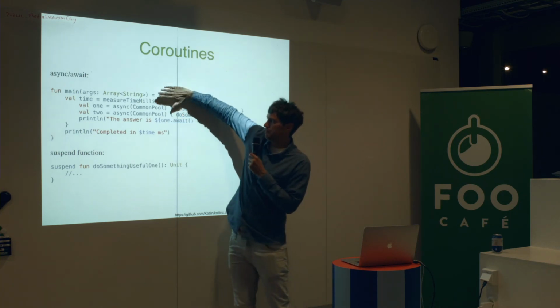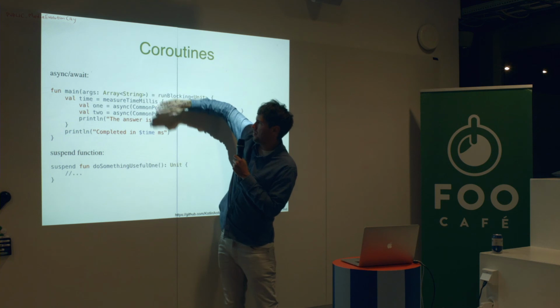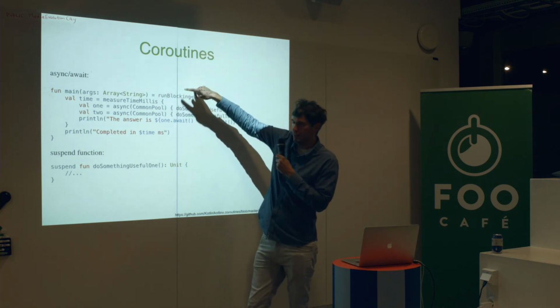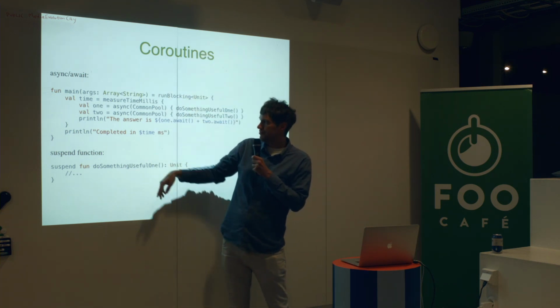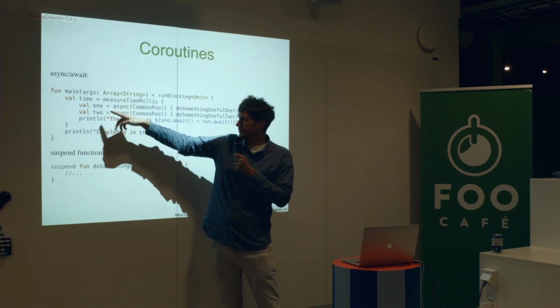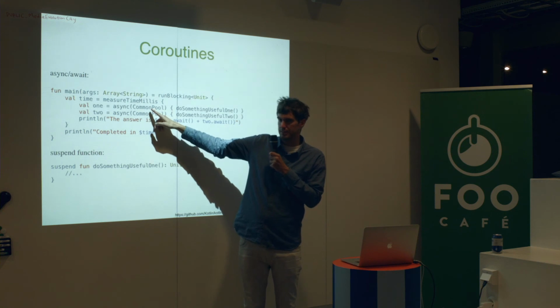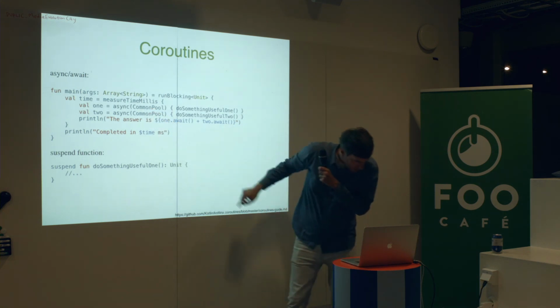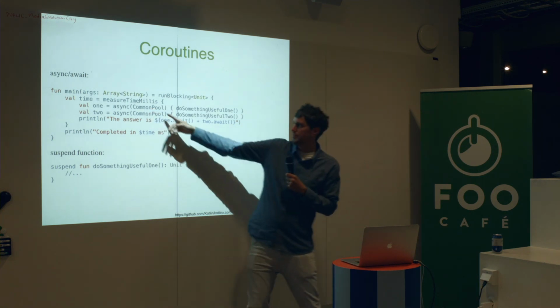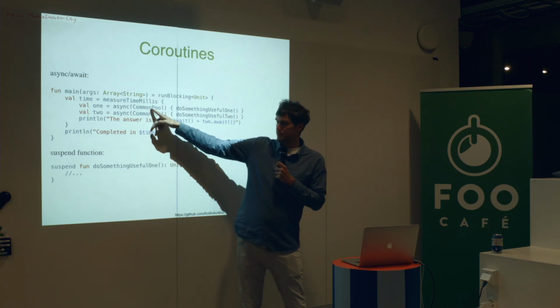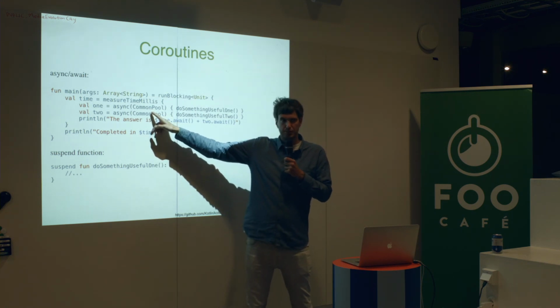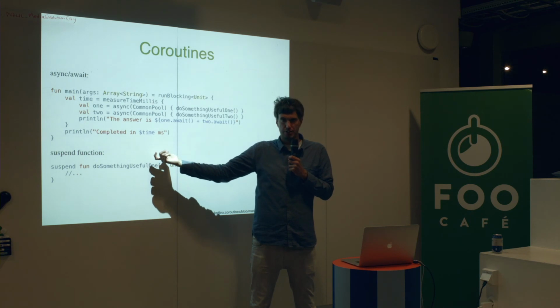So usually in the examples that you will see, they have kind of a bit of this blocking thing here. And now we used async await library. To the first argument, we pass in what's it called? Coroutine context. And there are different coroutine contexts. Common pool uses the fork join pool of Java.